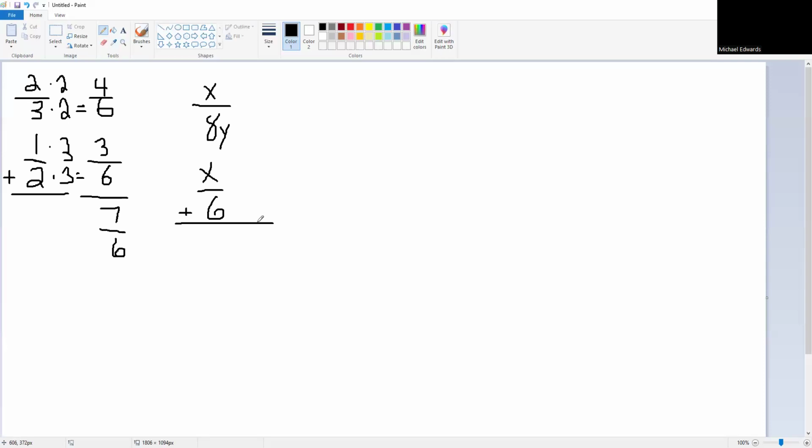All right, now we need to find the least common denominator. And that's something that both of these numbers can go into. An easy way to do this is to multiply them together. If you took 8 times 6, you get 48. That's kind of a high number.